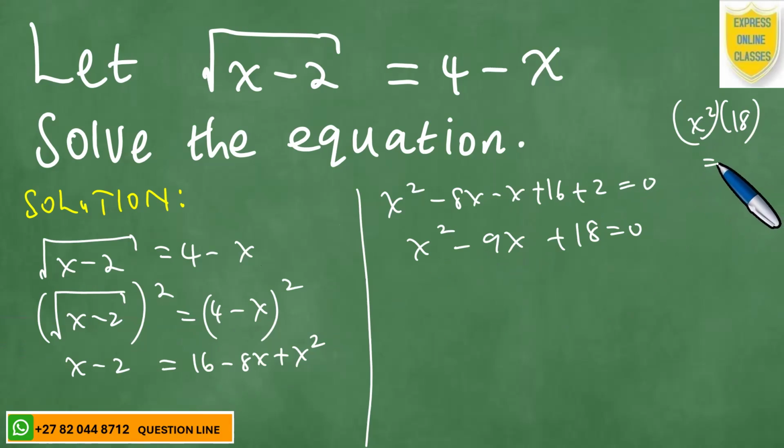And therefore, what exactly do we get out of this? Now we can get a minus 6x with a minus 3x.